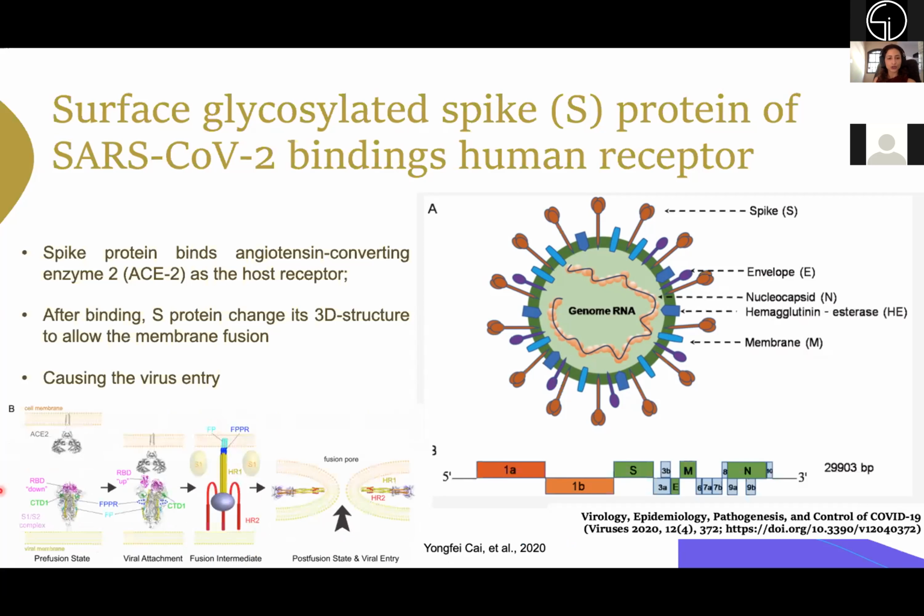So here is just showing the prefusion state of the spike protein and the viral attachment to ACE2 in the human cells. After they bind, a lot of things happen to release one of the subunits of the spike to cause the fusion of the human membrane and the virus membrane, allowing the formation of a fusion pore and the entrance of the virus inside the human cells.